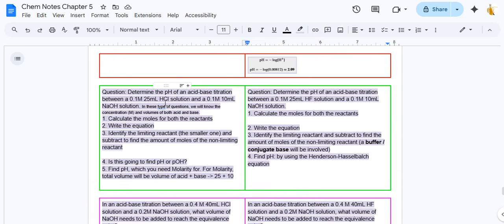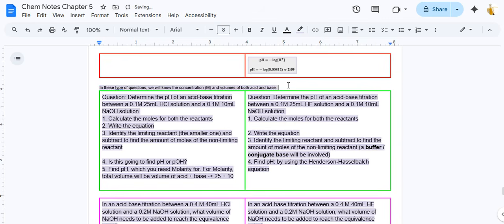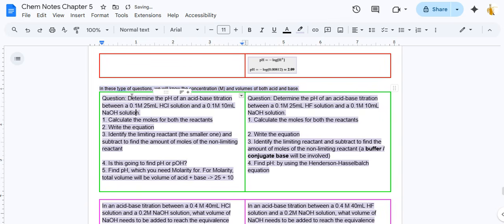Now here's a different style of question where you're given the molarity and volume for 2 different solutions.